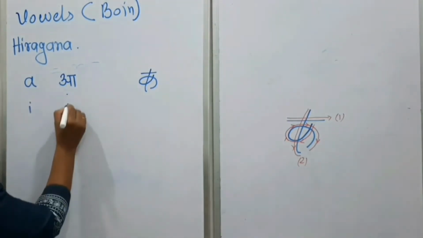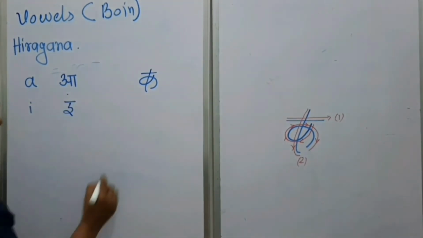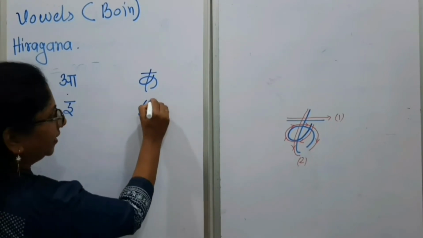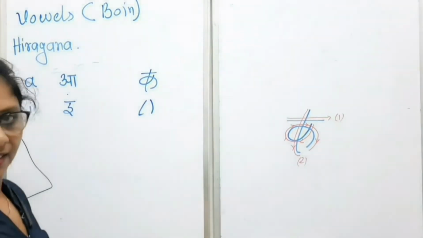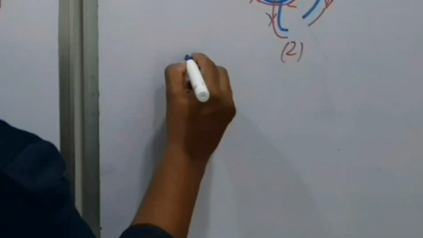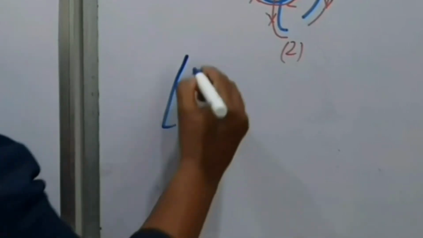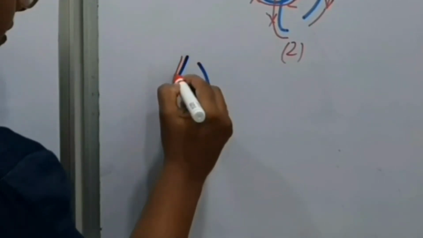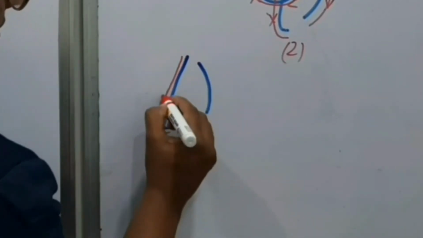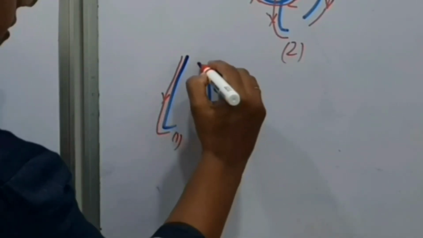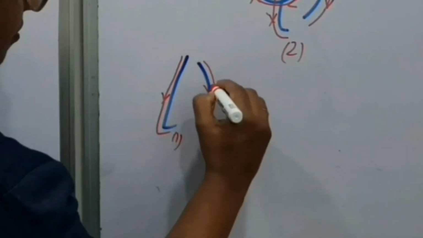And how to write it? Simply take this and leave, and this one. Very easy. If you want to understand the stroke order, this is the first stroke and this is the second stroke.